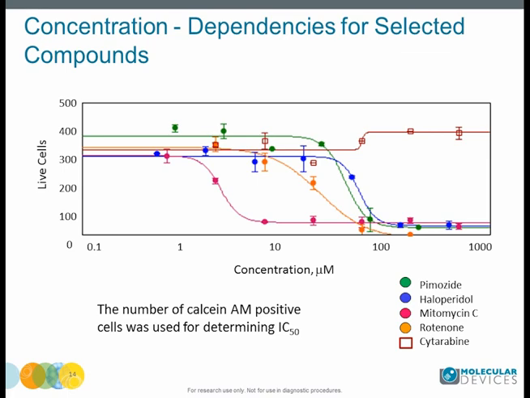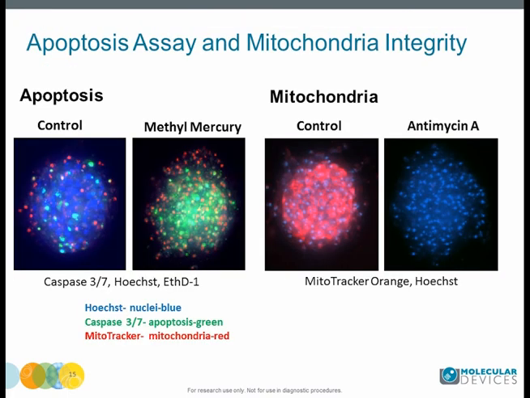In contrast, the number of live cells as well as calcein AM intensity or volume of calcein AM positive cells resulted in significant assay windows and successful fit into 4-parametric dose-response curves. For the study of cytotoxicity mechanism, we also evaluated apoptosis and mitochondria integrity.